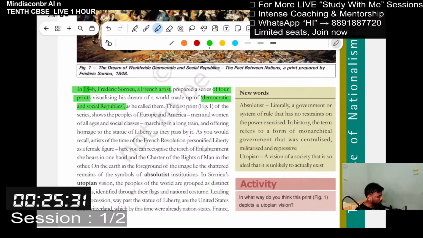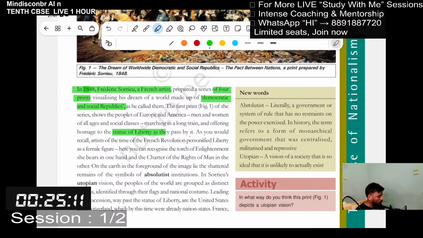The first print of the series shows the people of Europe and America, men and women of all ages and social classes, marching in a long train and offering homage to the Statue of Liberty as they pass by it.